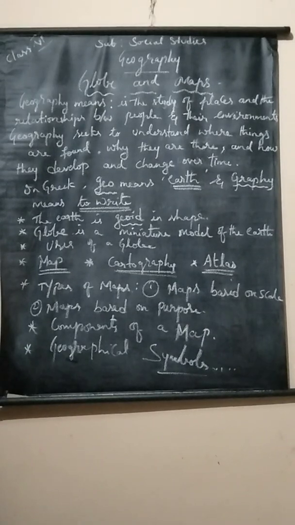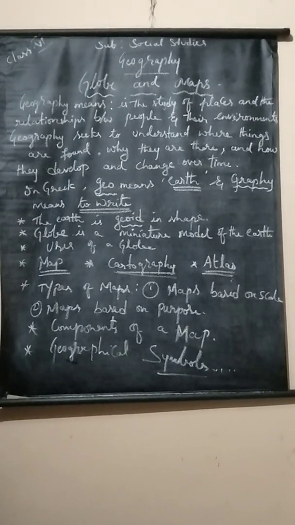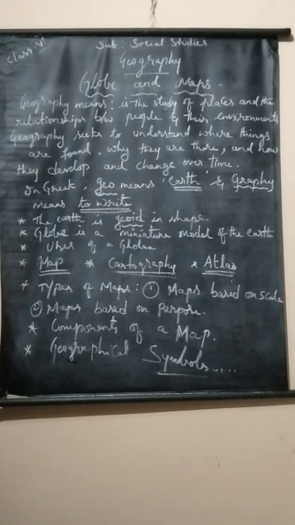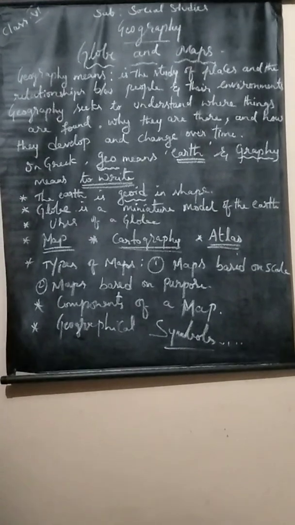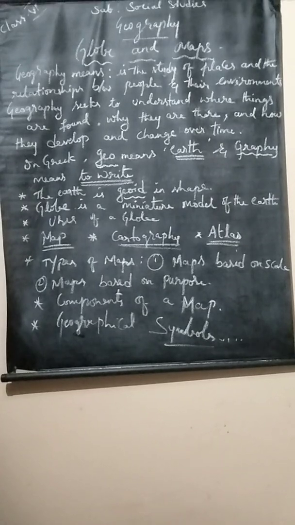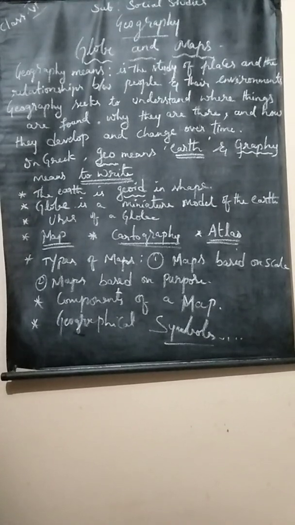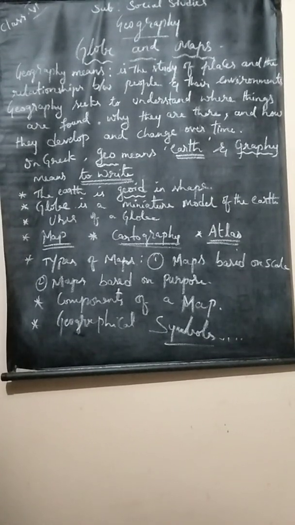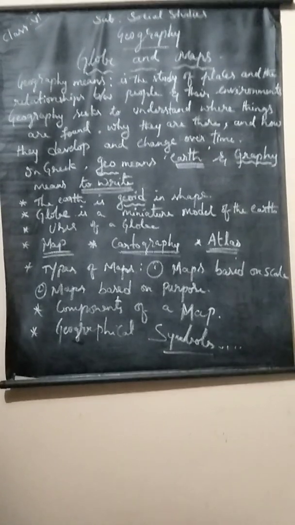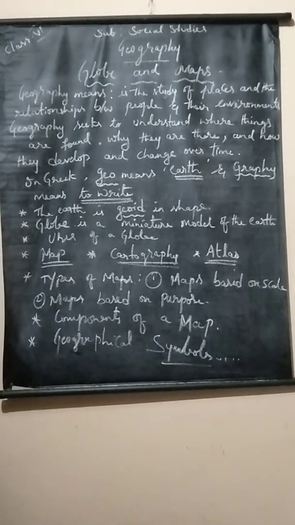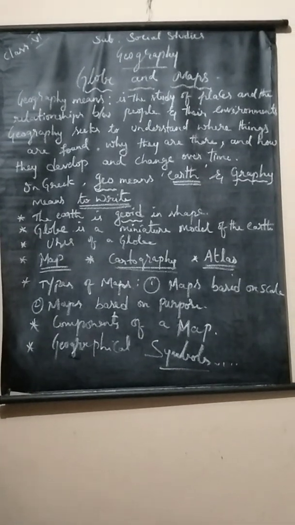And the second type of maps based on scale is small scale maps. They represent large areas, such as the world, continents or countries. They are of two types: wall maps and atlas maps.